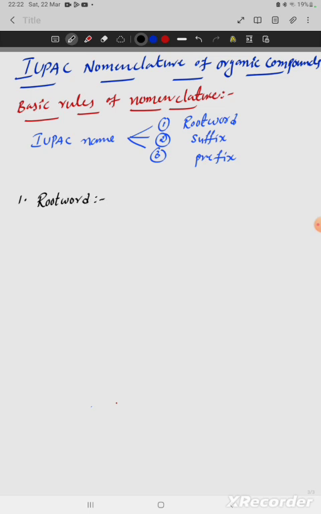This indicates the basic carbon chain, that means the number of carbon atoms present in the longest continuous chain.